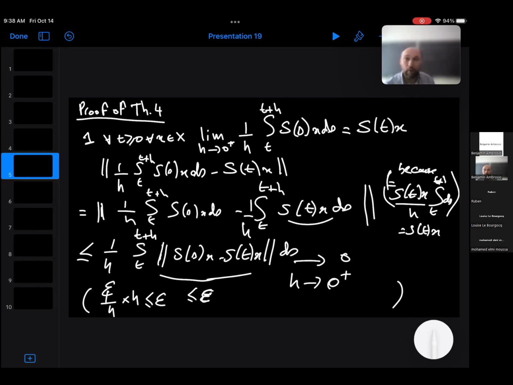So for all epsilon, if h is small enough, this quantity is smaller than epsilon, and this is exactly the definition of converging to 0. So one is done.